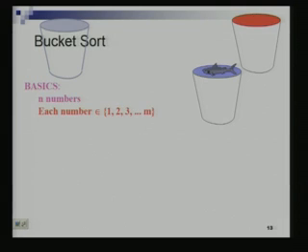So, we have n numbers, each number is in a certain range, let us say 1 through m. Bucket sort is a stable sorting algorithm, and it will take time order n plus m. You understand what we are talking of.